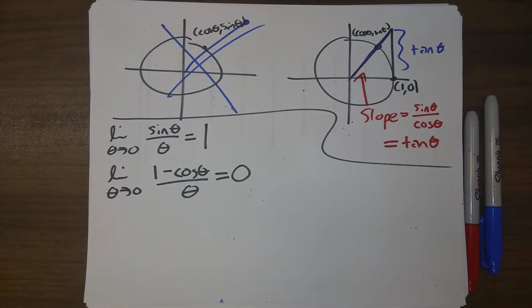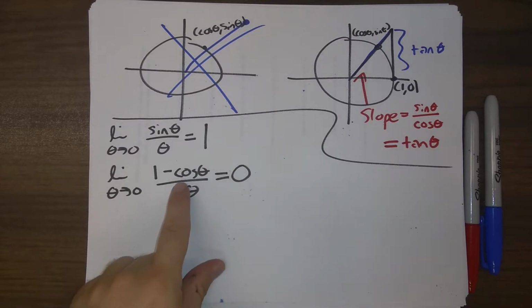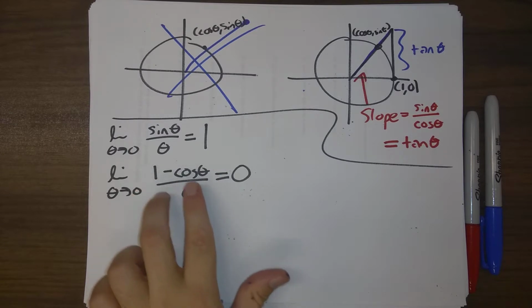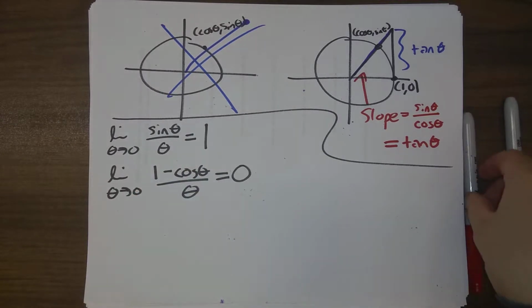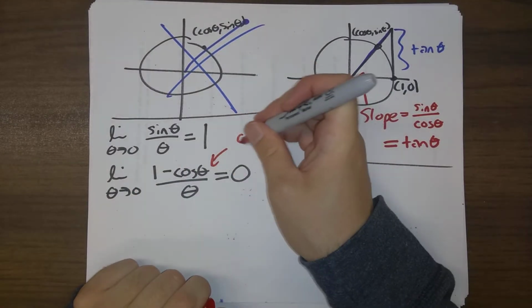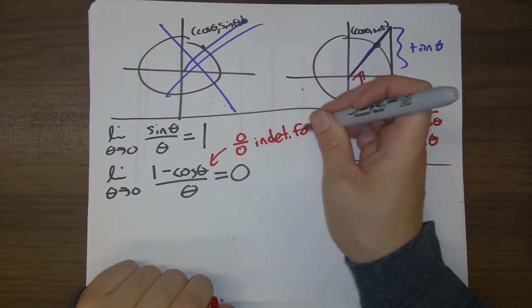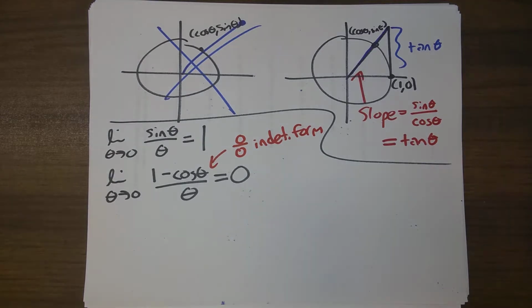So these are our two important trig limits that are non-trivial. Take a look at this one. As theta goes to 0, cosine theta goes to 1, so we have a 0. So right now, this is a 0 over 0 indeterminate form. And so we have to do something with it.